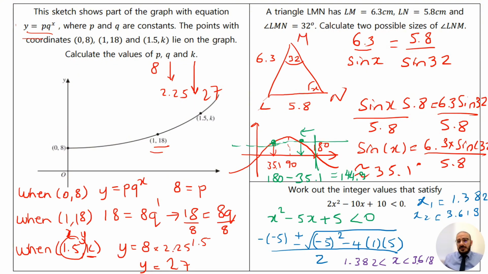So it's going to have to be 2 and 3, because after 1.3 the next integer is 2, and then going all the way up to 3.6, the next integer is 3. So you've got your first possible value as 2 and the second possible value as 3.